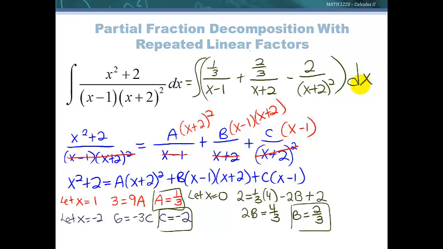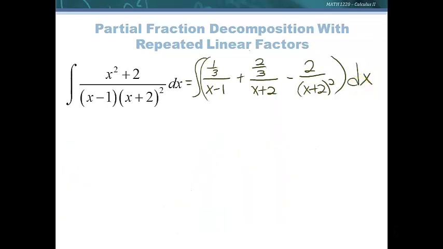So we did our partial fraction decomposition. We have this integral now into 3 separate fractions, and now we're ready to do the integration. In order to do that, I'm going to erase our partial fraction work so we can see where we are. So let's see about working this integral.